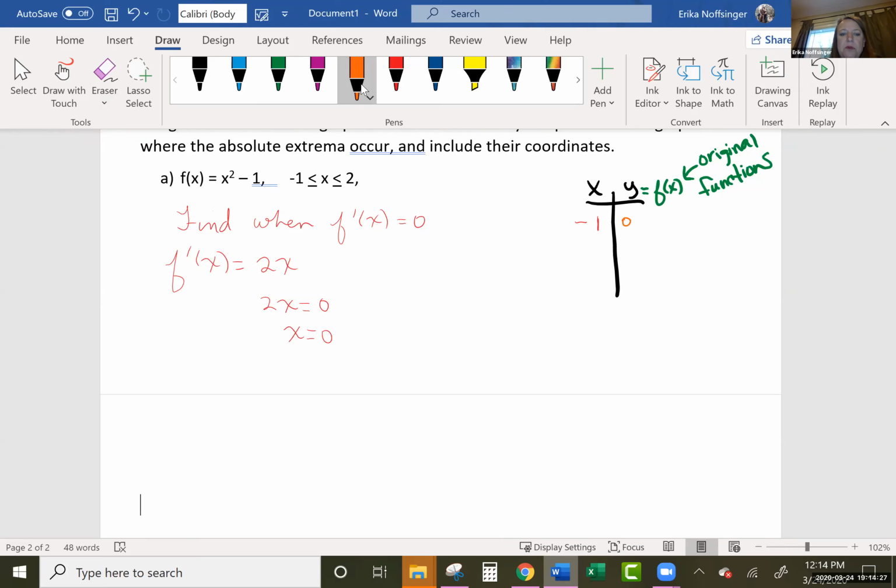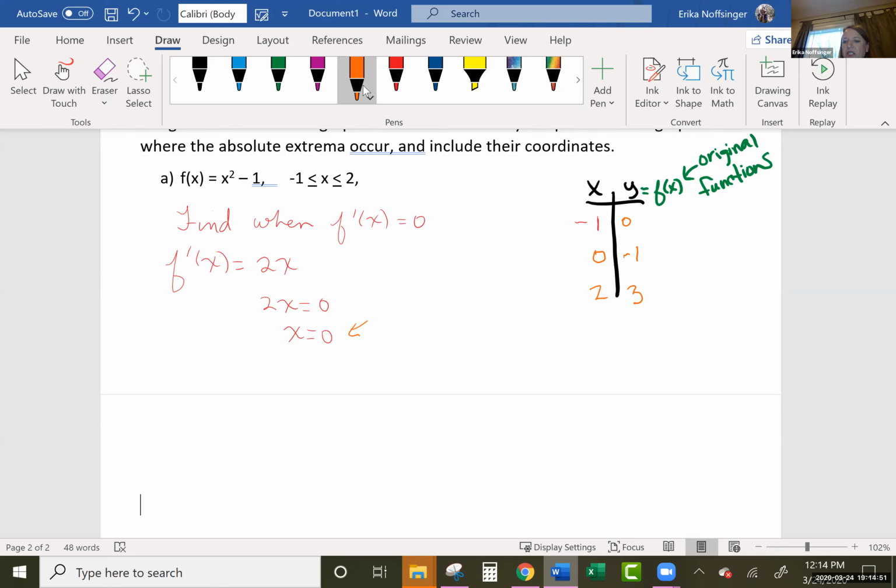And then if I plug in x equals 0, because this is where a max or a min may occur, 0 squared minus 1 gives me -1. And then if I plug in 2, which is the end bound on the right of my interval, 2 squared is 4, 4 minus 1 is 3.